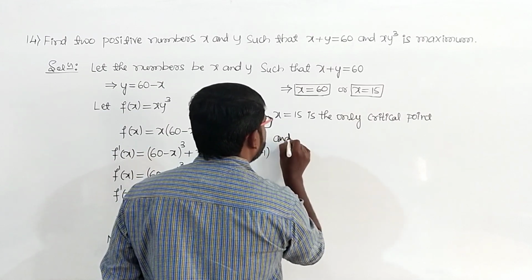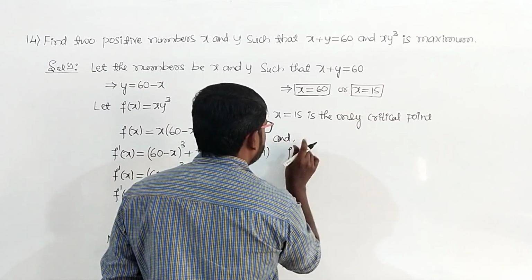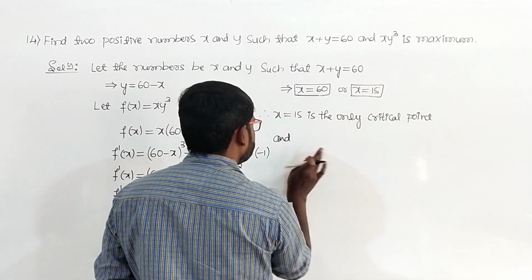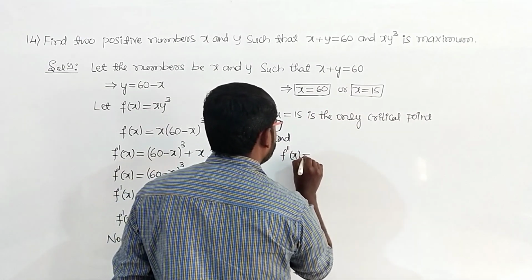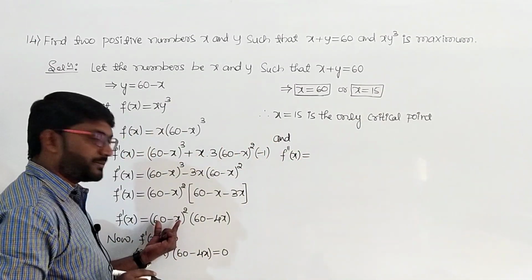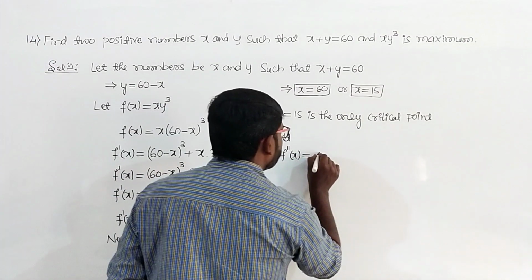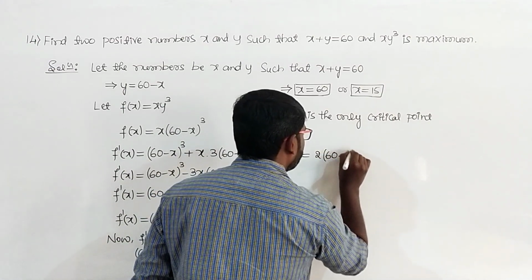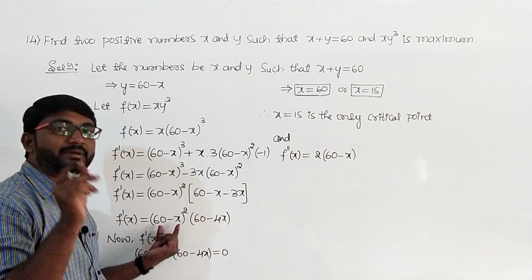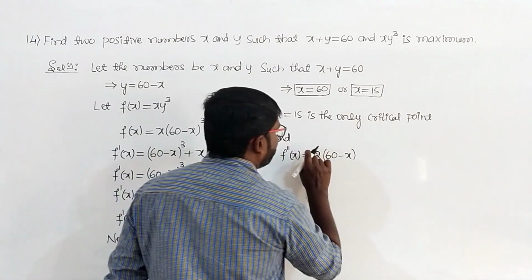f double dash of x is equal to derivative of the first function. You get 2 times 60 minus x. Now derivative of the inside function, you get minus 1. That means I will be writing minus in the beginning.